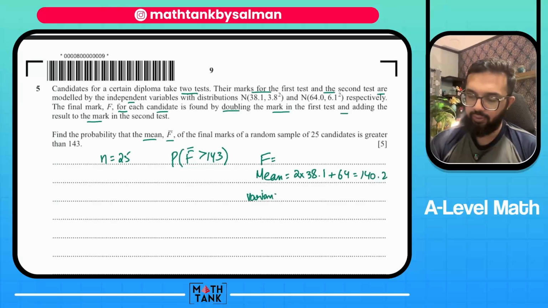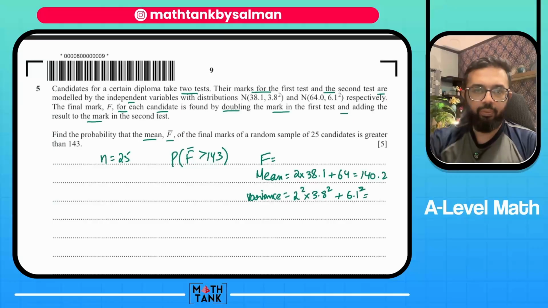Since I've doubled the marks, it's going to be 2 squared times 3.8 squared plus 6.1 squared. 94.97.